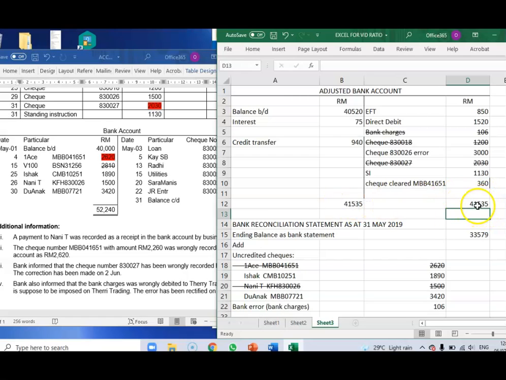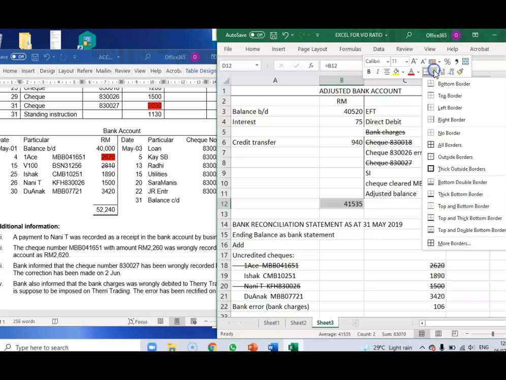From this one, you need to have the adjusted balance of the adjusted bank account. Now we deduct the amount of balancing figure with the remaining that we have not slashed yet. Now we have the adjusted balance of the bank account.